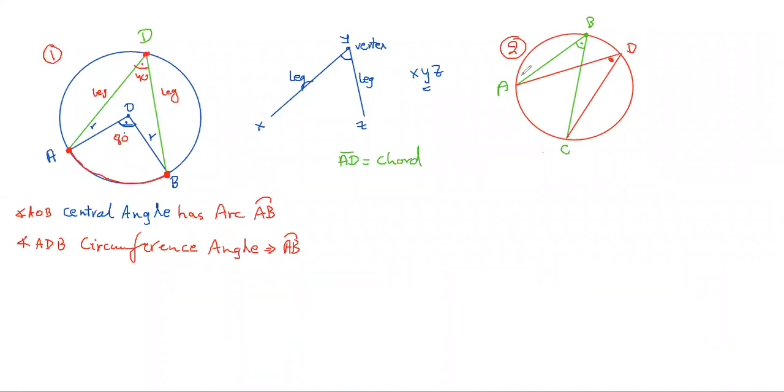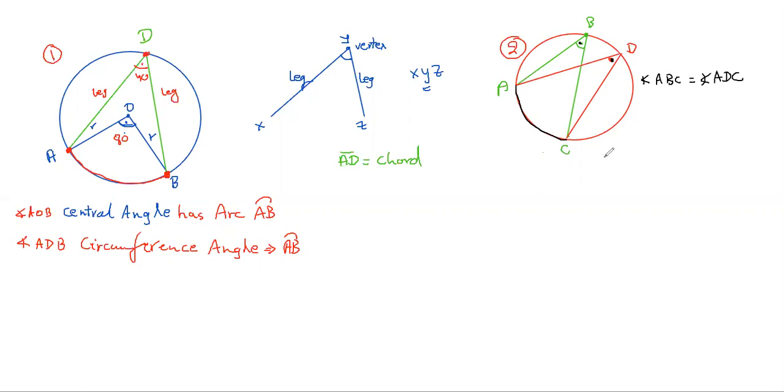If you notice, both circumference angles have the same arc, AC. So any 2 circumference angles that lie on the same arc are equal. Angle ABC equals angle ADC.